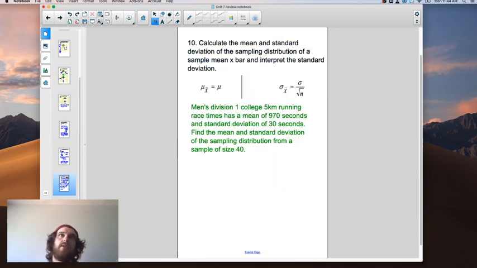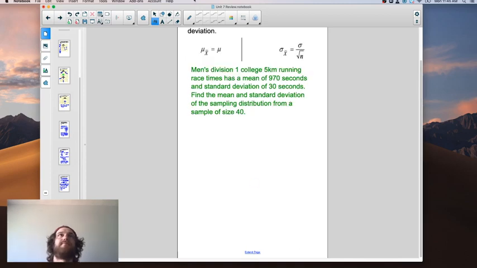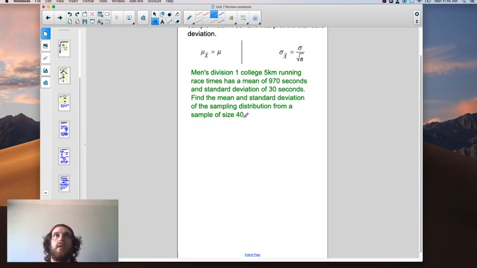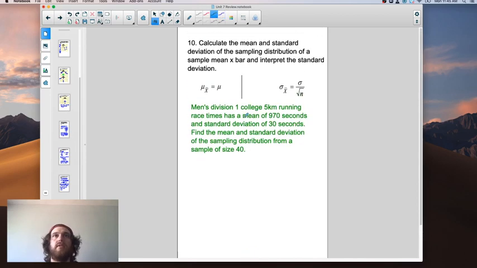Okay, let's keep cruising. Number 10, calculate the mean and standard deviation of the sampling distribution of the mean x bar and interpret the standard deviation. Men's Division I college 5K running times has a mean of 970 seconds and a standard deviation of 30 seconds.